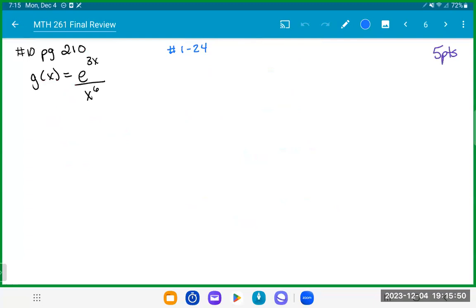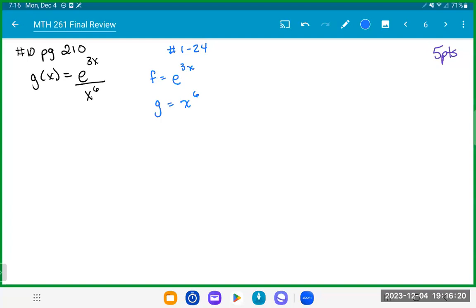Okay. So this next problem, page 210, similar to problems 1 through 24. And so this is where we're looking at derivatives of e raised to some function. So in this case, we have our f function is equal to e to the 3x, and our g is equal to x to the 6th.